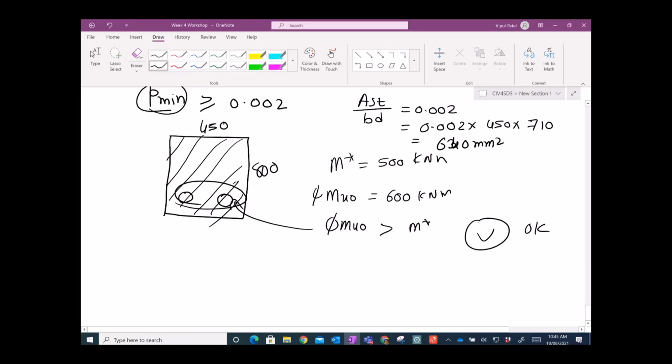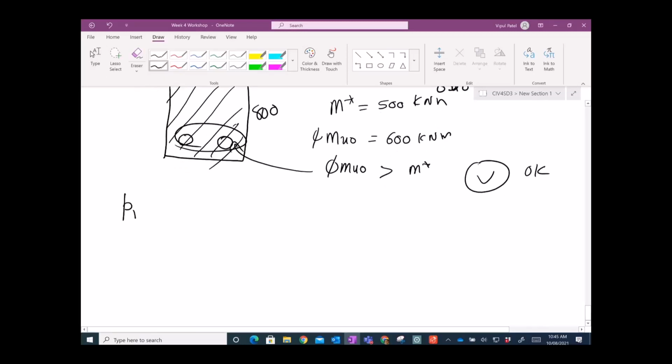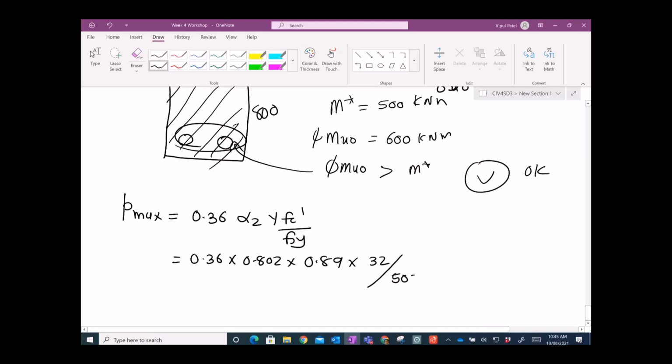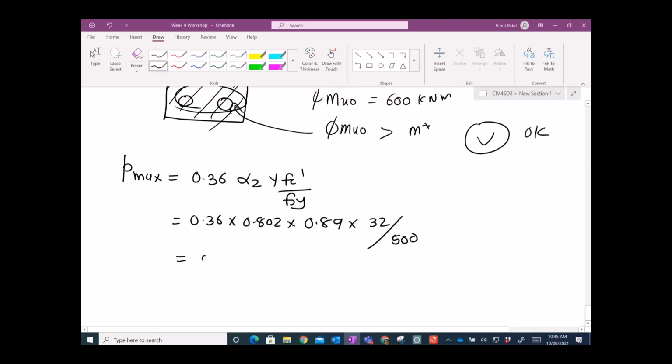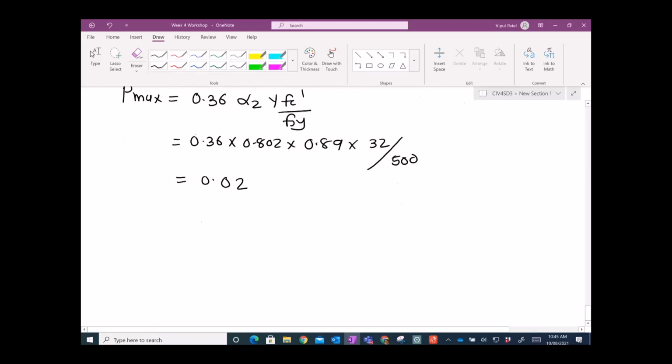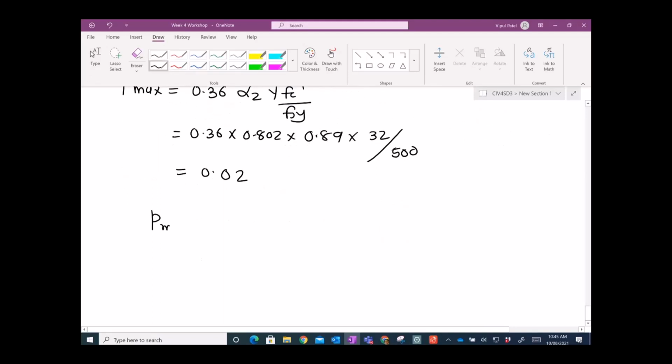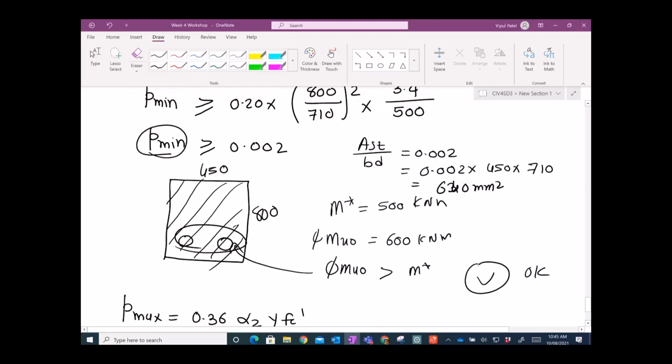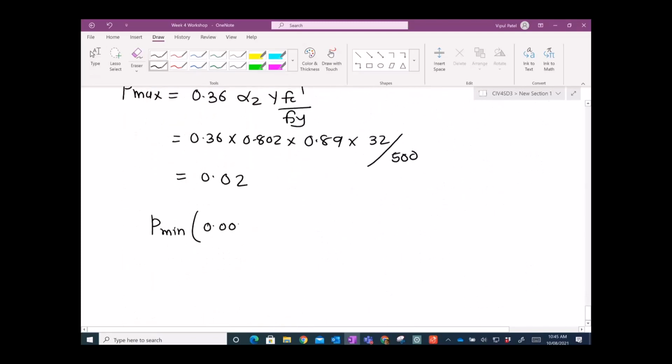How much maximum Rho can you put? The maximum Rho you can put is rho maximum. By the way, this equation is not given in the standard, so it is based on our ku value, gamma f'c over fsy. So you can just put in all the values. I think you are familiar with all these values right now, where I'm taking those values. So the maximum Rho you get is 0.02. So let's check rho minimum, which is the Rho from the standard, is 0.002.